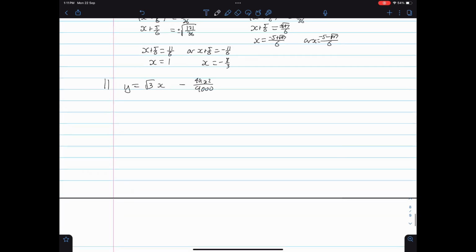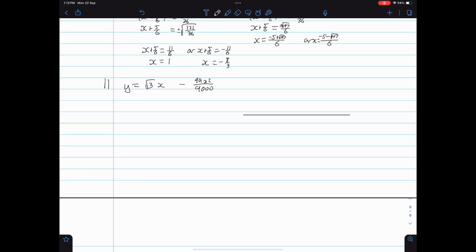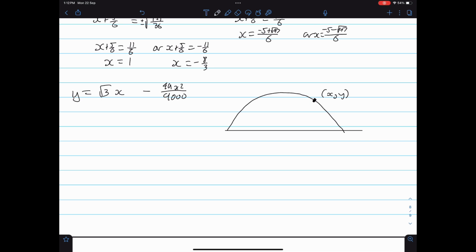So what we're saying is the flight of a ball perhaps resembles a parabola, and at any point on this path of trajectory, x and y are related by this equation. It wants us to find the range of this projectile and then the maximum height reached.